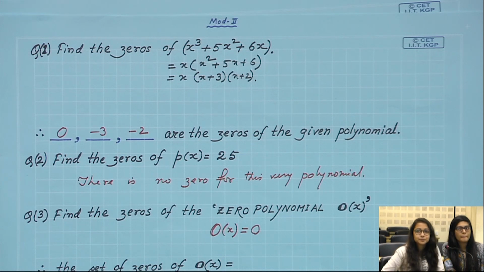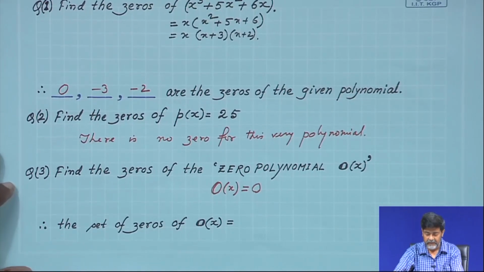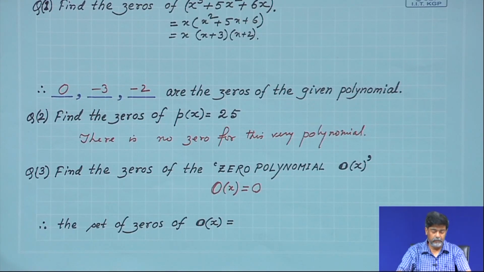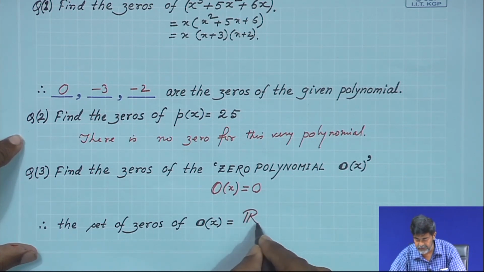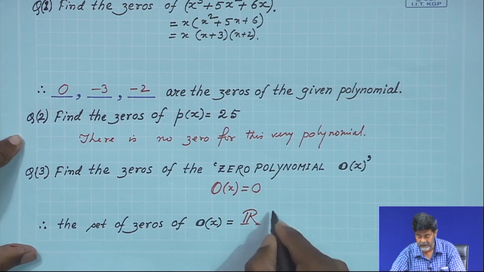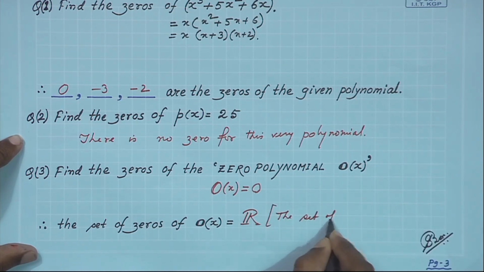There is no number which can be rejected to be a zero of this polynomial. Therefore, we are getting the totality of the real numbers as the set of zeros of this very polynomial. Therefore, we can write the set of zeros of this very polynomial is the whole set of real numbers, which will be represented by R, the set of real numbers.